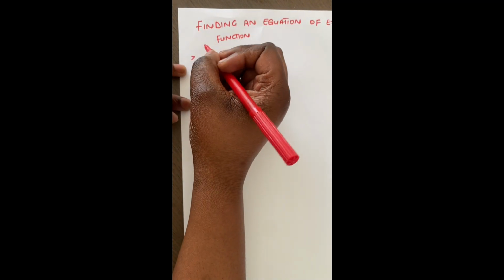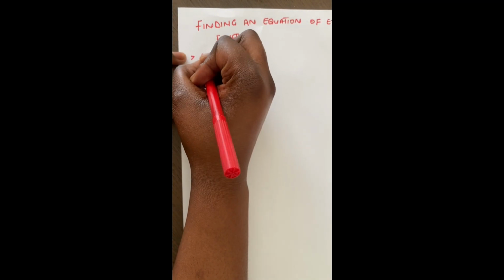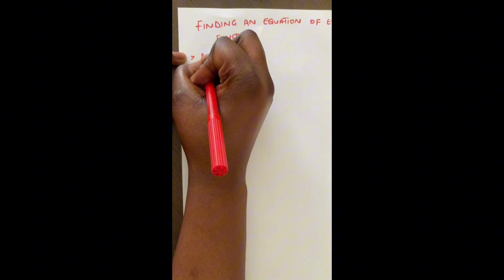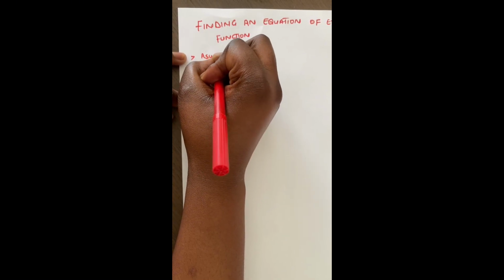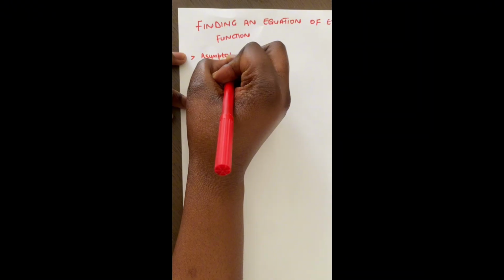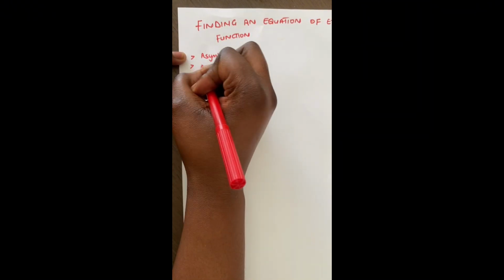Whether the points or asymptotes or whatever you should be given, so that it can help you to find an equation. So in this case, I want you to note, grade 12, that in an exponential function, they will give you an asymptote, right? And they will give you 2 points.